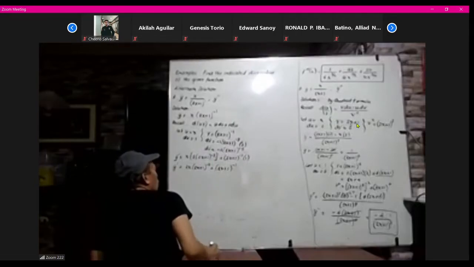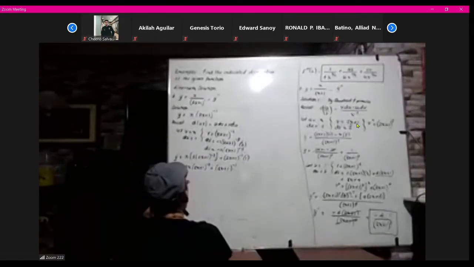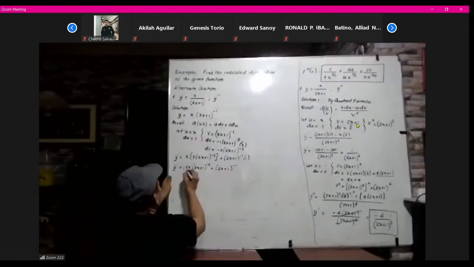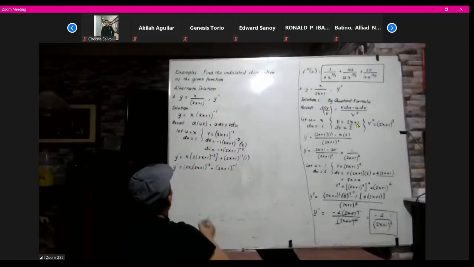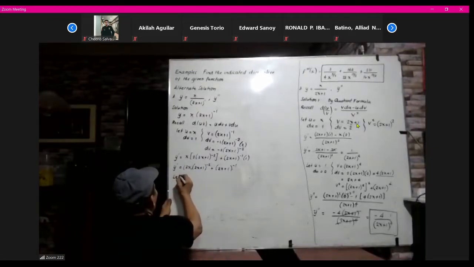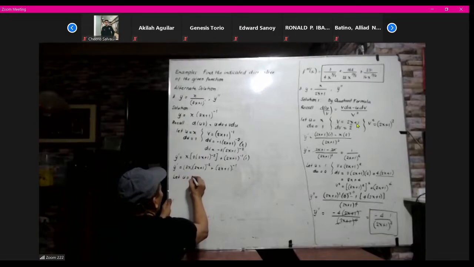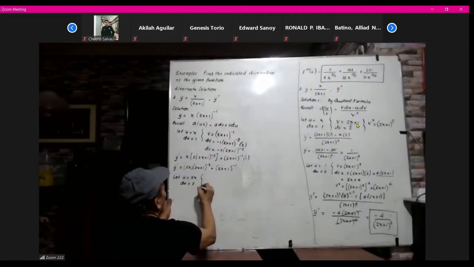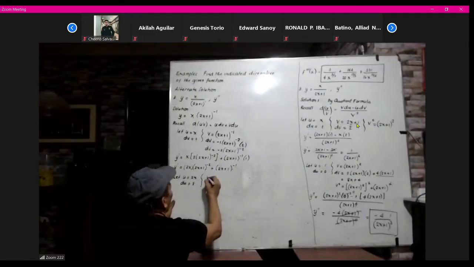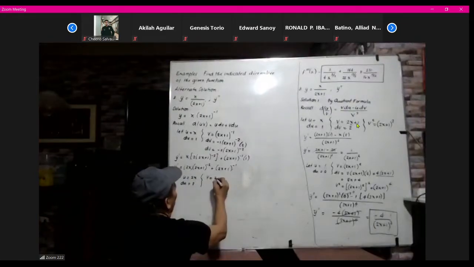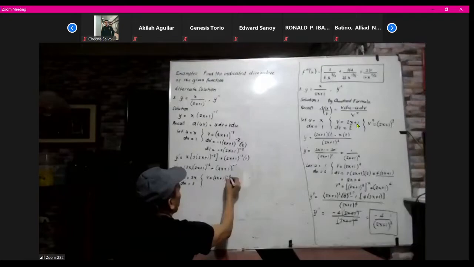Okay. So, dito na naman, meron tayong dalawang quantity. Ito yung u natin. Okay, guys? So, let u equals 2x. Derivative or du is equal to derivative of 2x equals 2. Okay, then our v is equal to 2x plus 1 raised to negative 2.